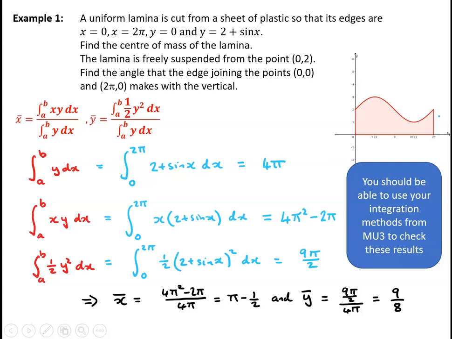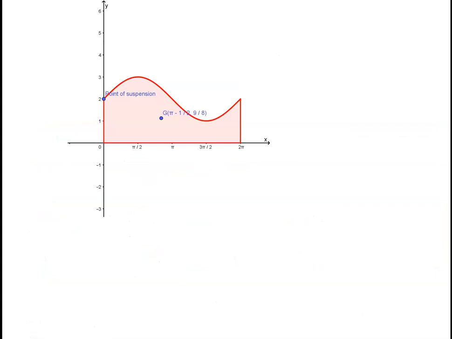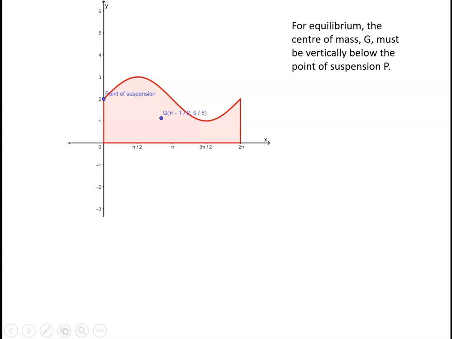The second part of the question says the lamina is now freely suspended from the point 0, 2. We've got to find the angle that the edge joining the points 0, 0 and 2 pi, 0 makes with the vertical. So, there is my diagram again with the point of suspension marked on it together with the centre of mass. When it's freely hanging from the point of suspension, if it's in equilibrium, then G must be vertically below the point of suspension, so the line PG represents the vertical.